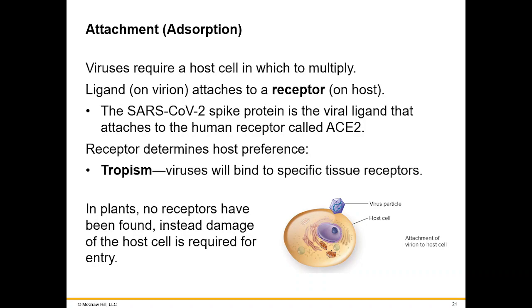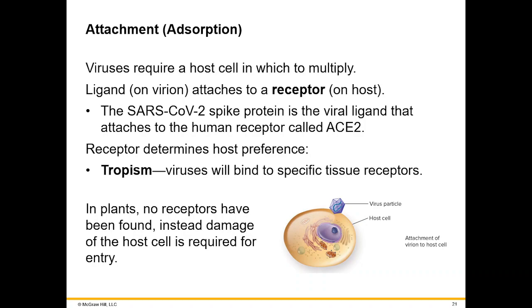In order for a virus to become an effective infectious agent to the host, it must have some sort of attachment. It must be able to attach itself to the host, usually through a ligand-receptor attachment.